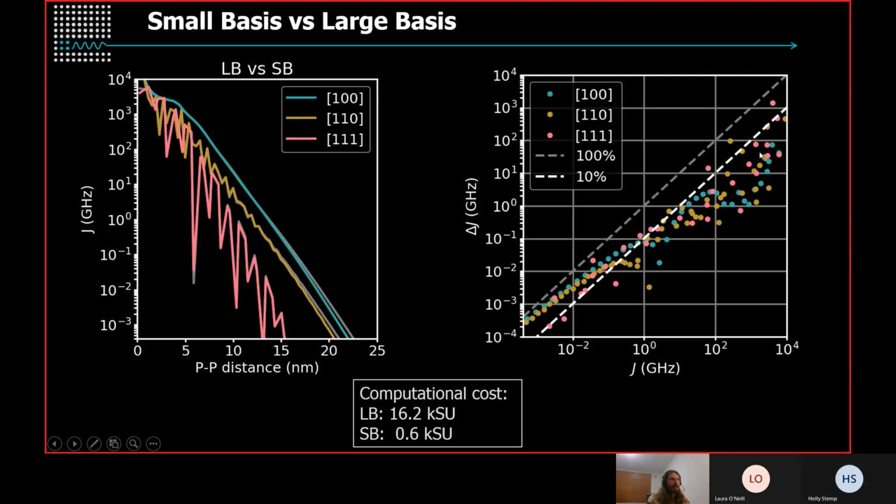But you can see that it's really hard to predict small exchange values. But this is a natural effect and will happen in any type of simulation. And it's much more advantageous to use the efficient small basis sets, where all these calculations only took 600 service units, compared to the large basis sets, where the computations shown here took 16,000 service units.